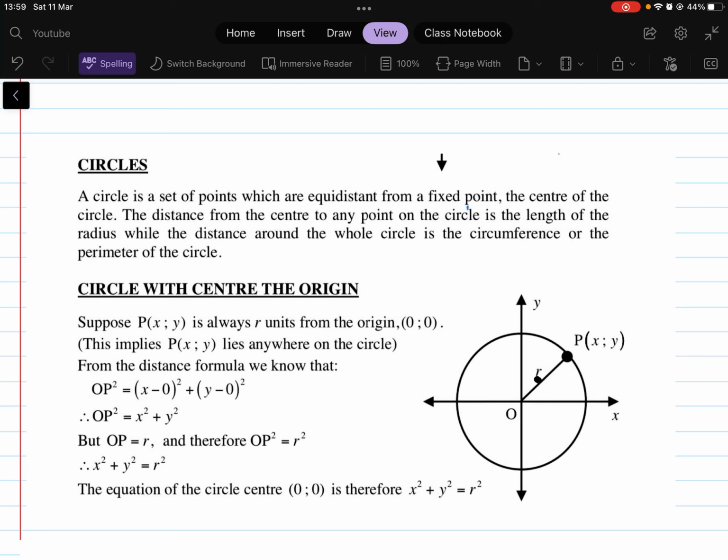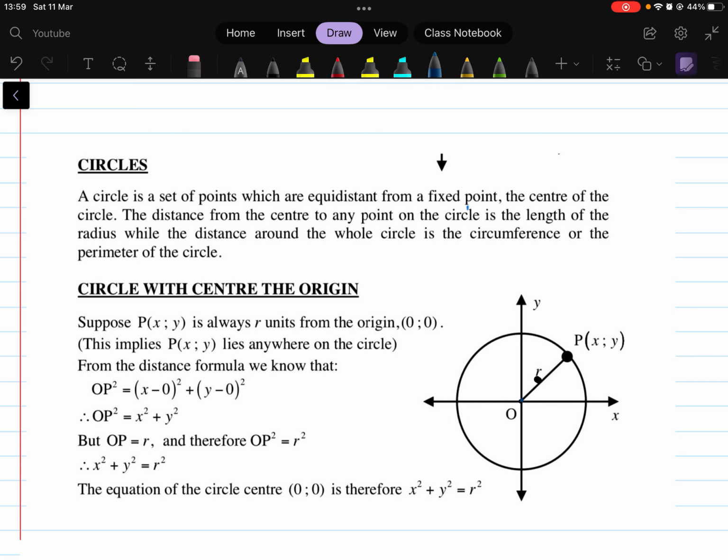In this video, we are introducing circles for analytical geometry grade 12. A circle, as you all know, is basically a set of points which are equidistant from a fixed point. That fixed point is the center of the circle.